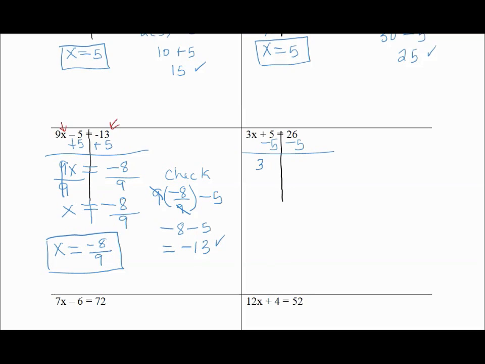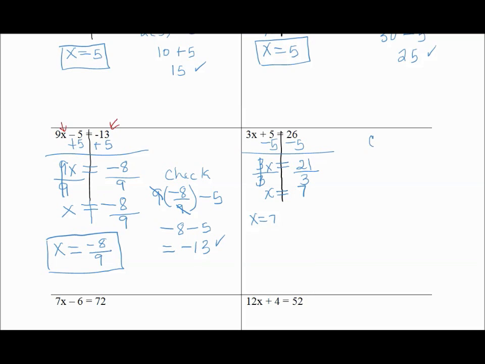Bring down what I have left. 3x is equal to 26 minus 5 gives me 21. Now I have 3 times x equals 21. The inverse of multiplying is dividing, so I'll divide both sides by 3. 3's cancel out. It gives me x equals 7. 21 divided by 3 is 7. So my solution is x equals 7.